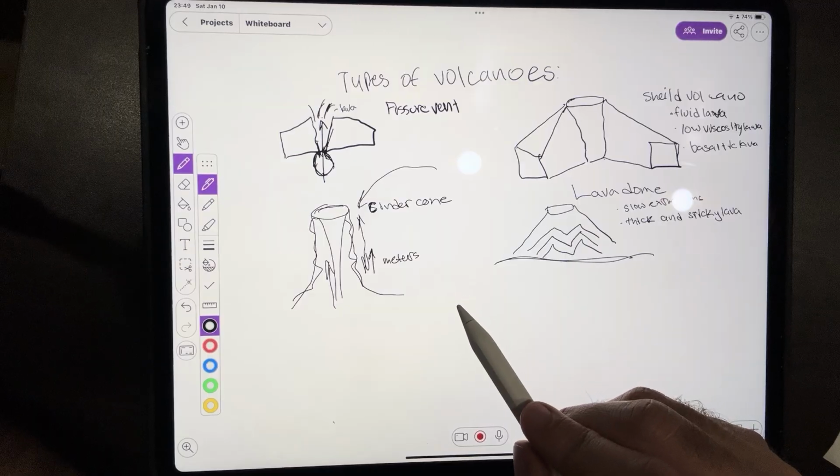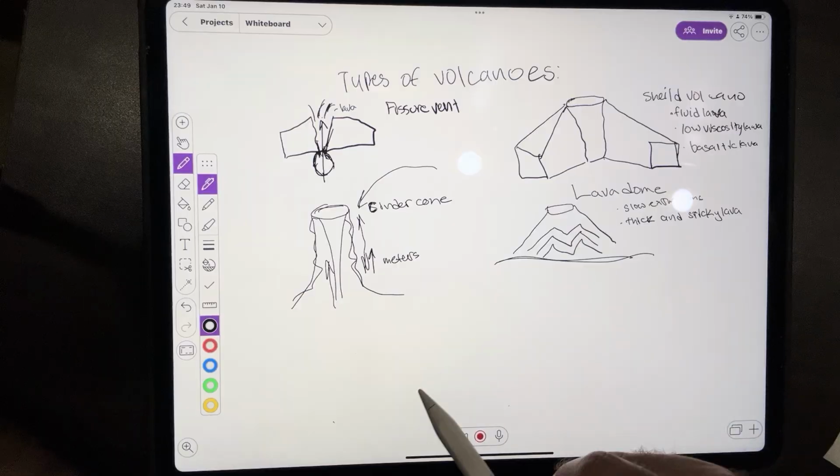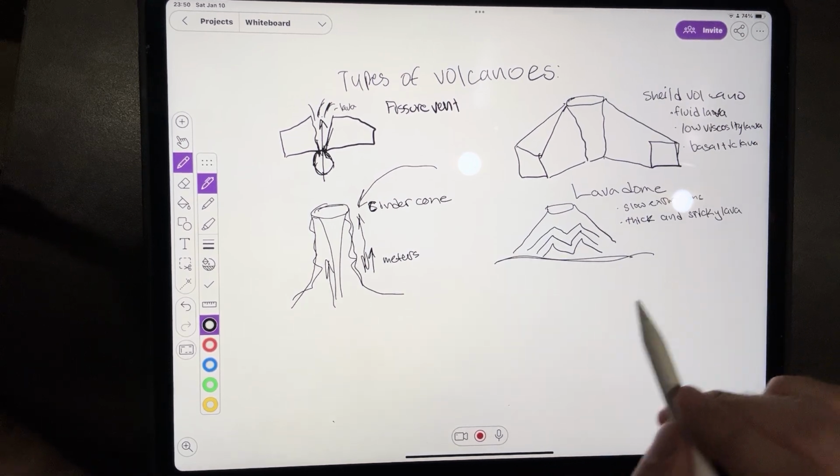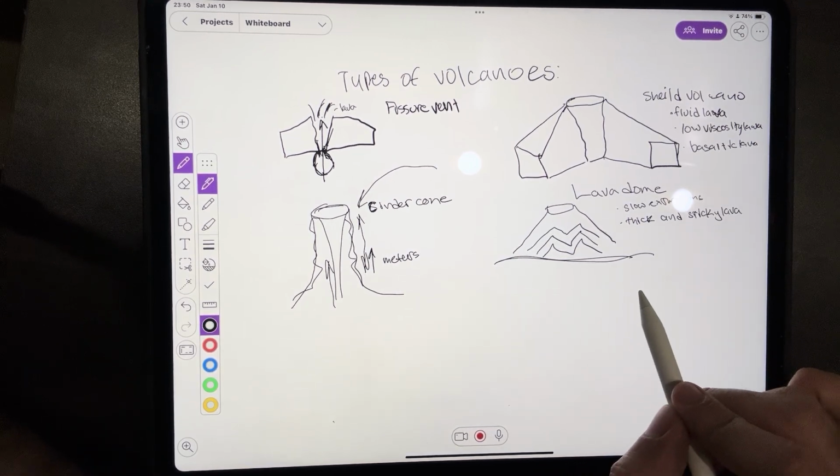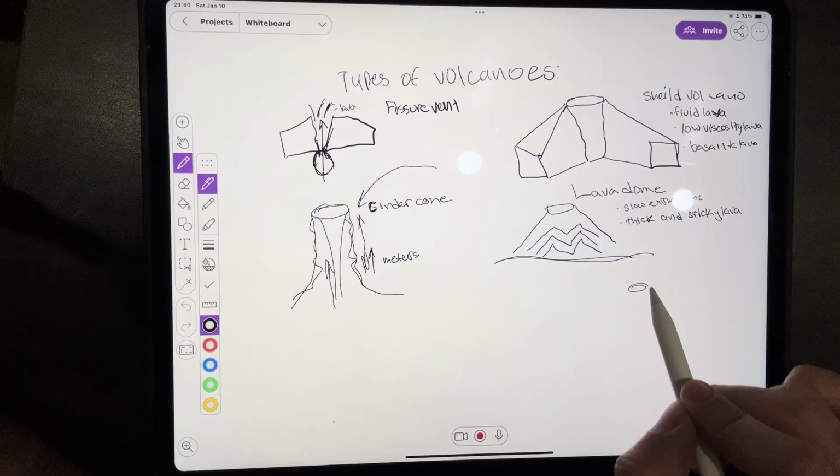Now, another type of volcano, and this is the type of volcano that people find most common.